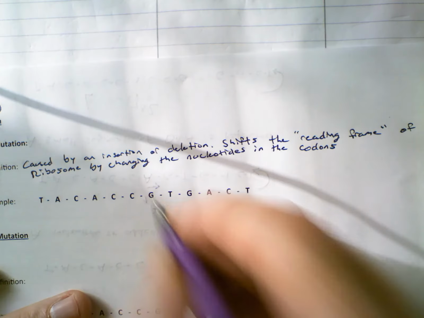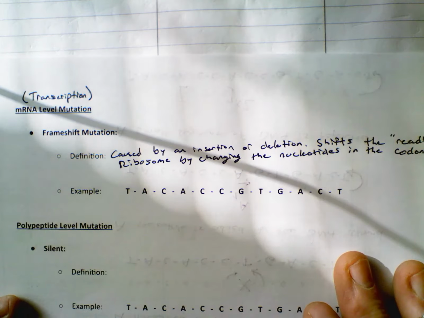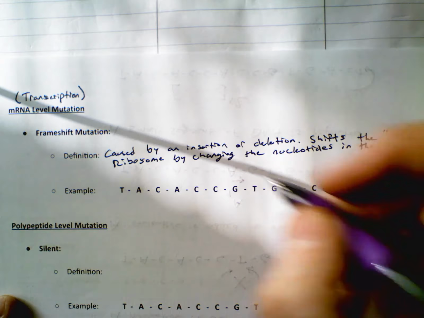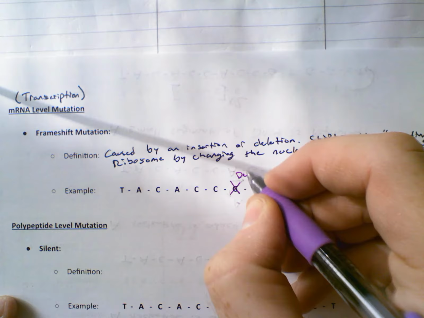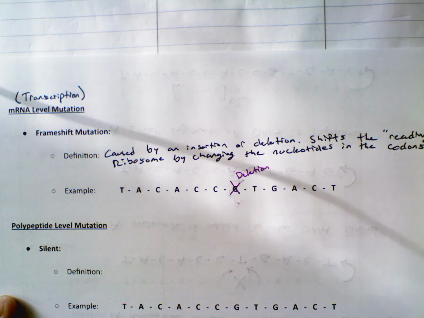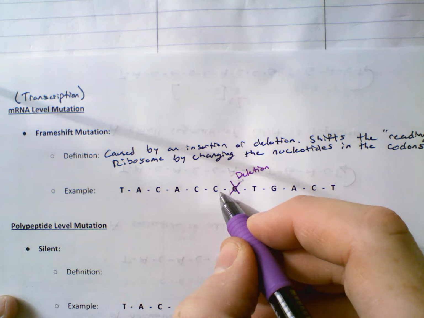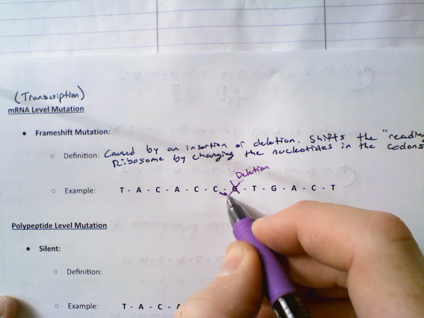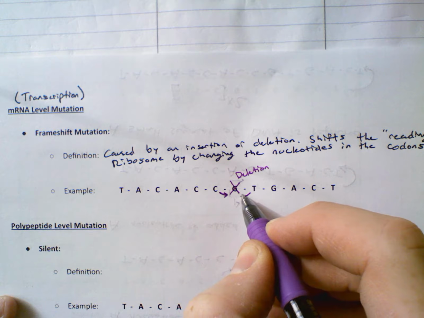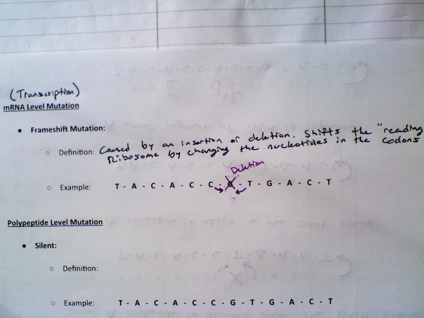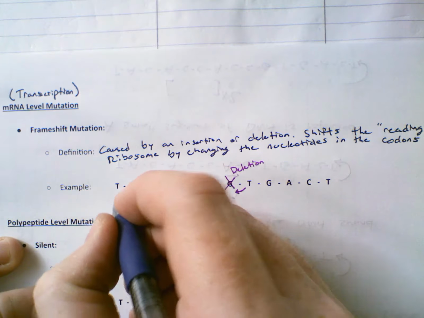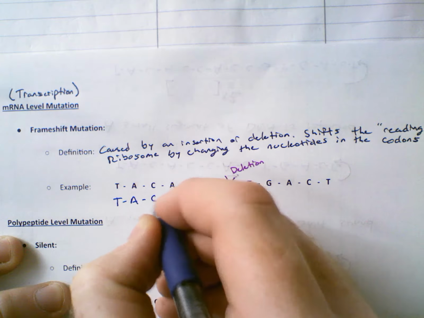So let's simulate this with a deletion of that same guanine. So we're going to take out this guanine here. So we're going to have a deletion. That's going to pull this whole thing in, which is going to shorten our strand. We'll see here in a second. Okay, so what does this end up causing? Well, here would be our new mutated DNA.